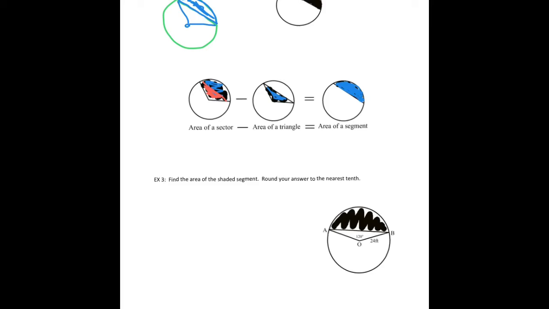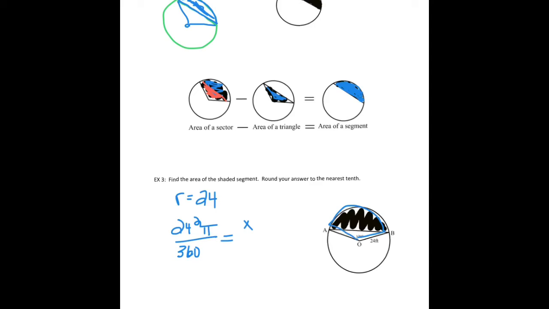So the first thing that we want to do is find the area of the sector. So let's see. I know that the radius of this circle is 24. So 24 squared times pi over 360 equals the area of the sector, which we don't know.